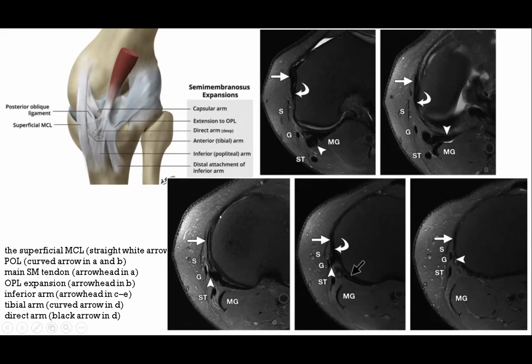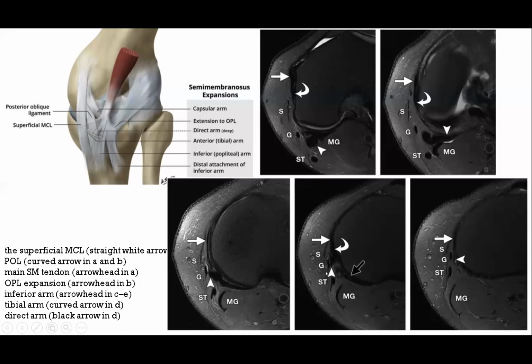And in the third picture, we can see the superficial MCL, and this is the semitendinosus muscle. And this is the expansion to the oblique popliteal ligament.